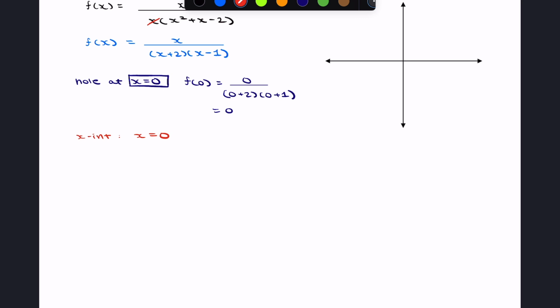Here we have our y-intercept when, again, x is equal to 0. And we see that there y is also going to be equal to 0. And remember, we have a hole at 0, 0.